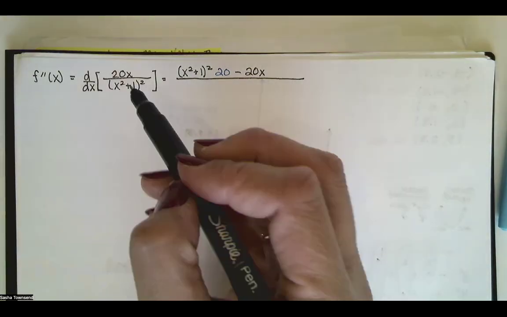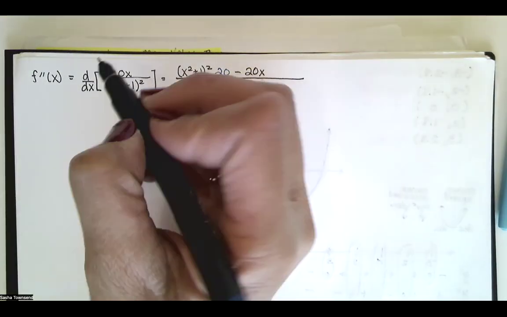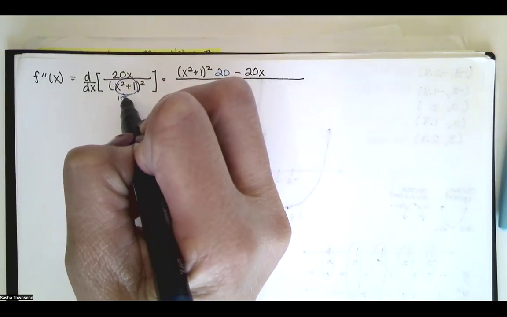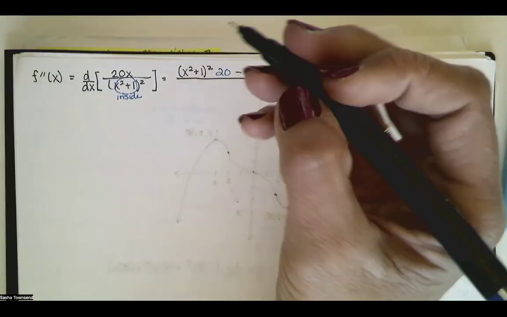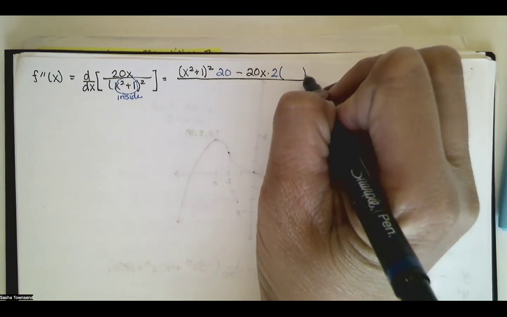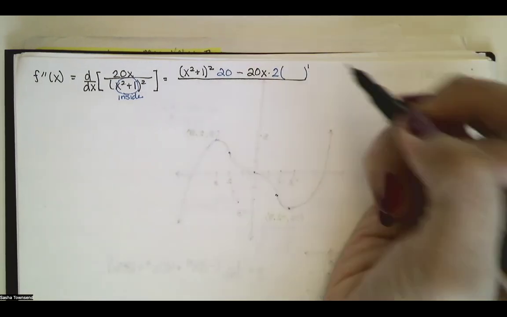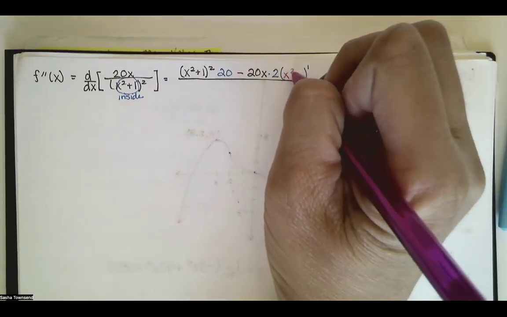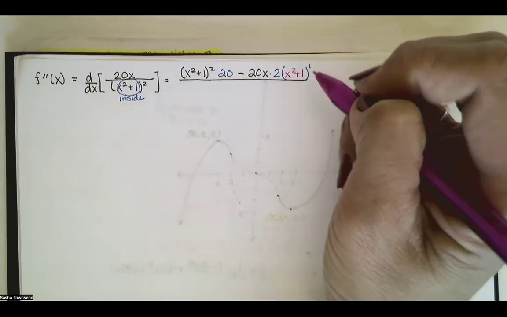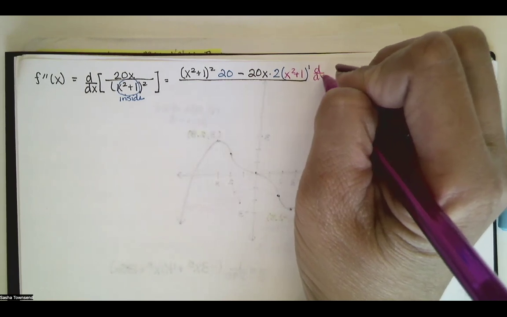Now, the derivative of the bottom function actually requires the chain rule. We've got an inside function and an outside function. So when we take the derivative of this function squared, we get 2 times the original function raised to the 1 less power, which is 1. And then we always put the inside function back inside. And then we multiply by the derivative of the inside by the chain rule.